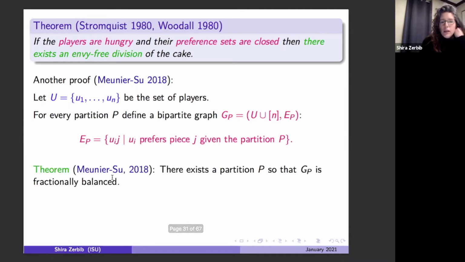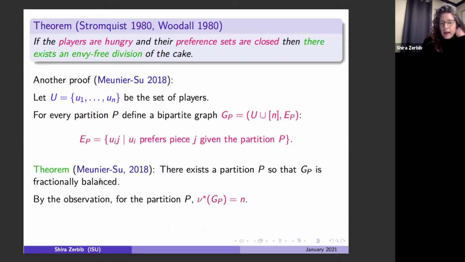And what Meunier and Su proved is that there exists a partition P for which the corresponding bipartite graph G of P is fractionally balanced. And now we see why fractionally balanced graphs are important for cake division.